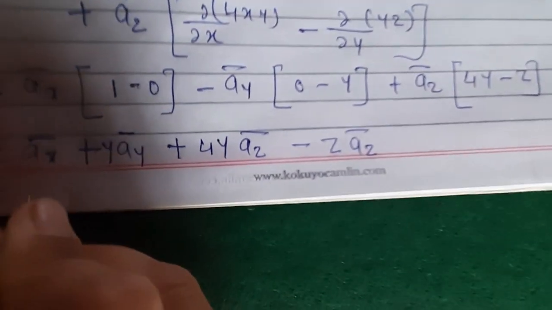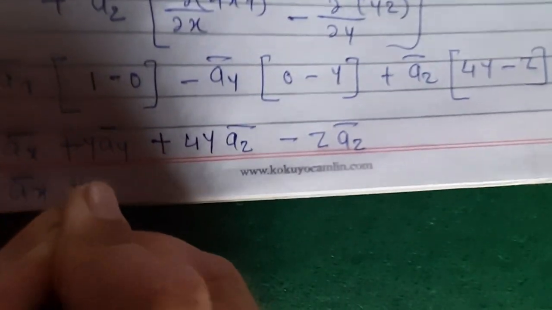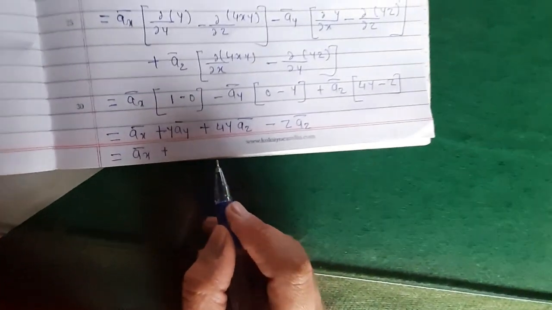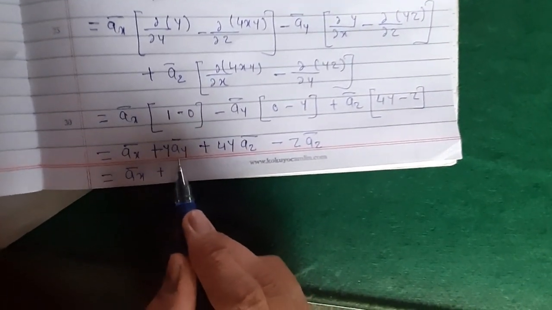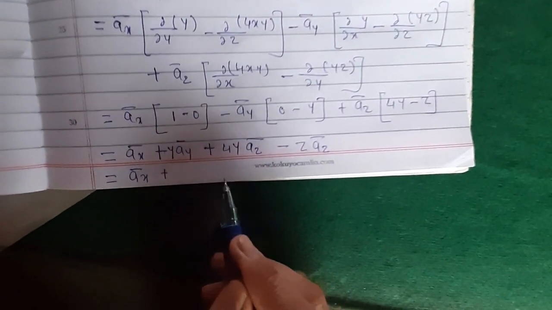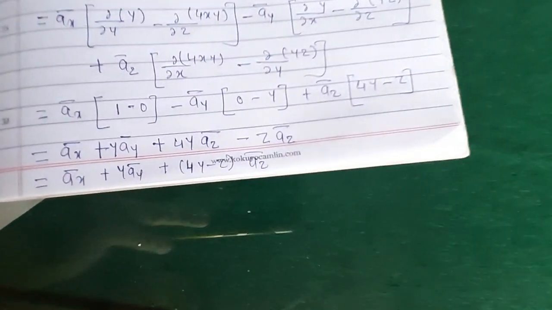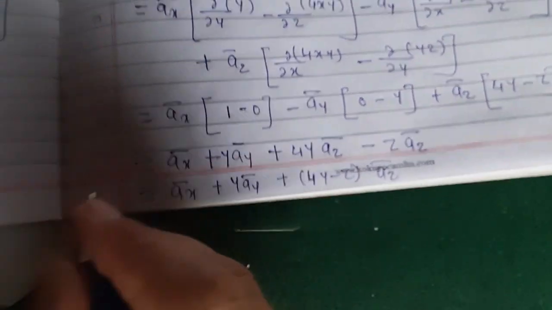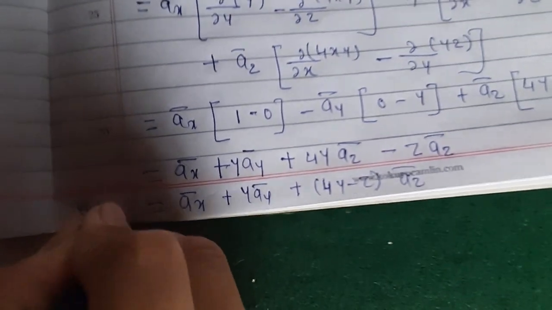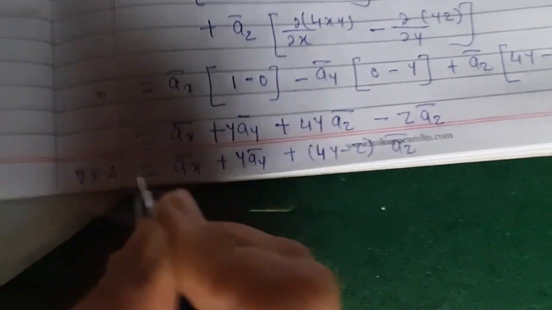So this is our final expression, or final curl of del cross a bar.